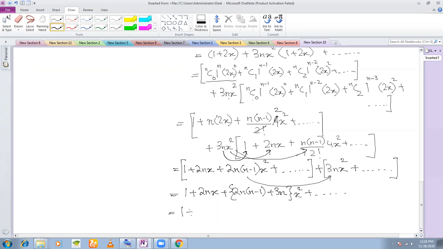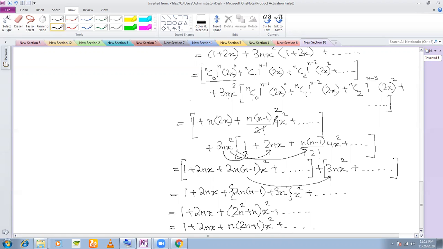So if you simplify this a little, 1 plus 2nx, you're going to get 2n square minus 2n, and minus 2n plus 3n will be 2n square plus n, x square. Further, you can write this as 1 plus 2nx, and you can take n common. You get n into 2n plus 1 x square.